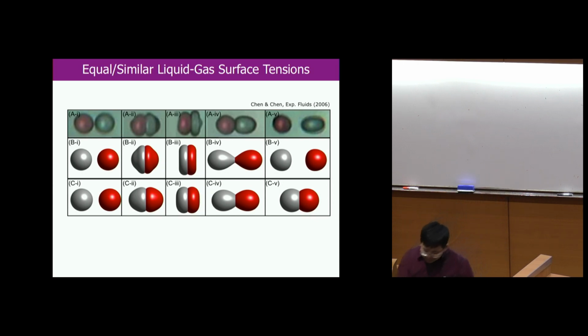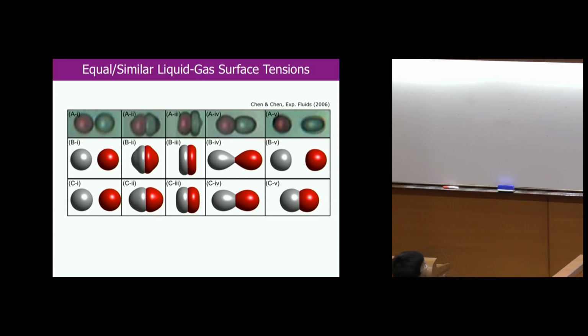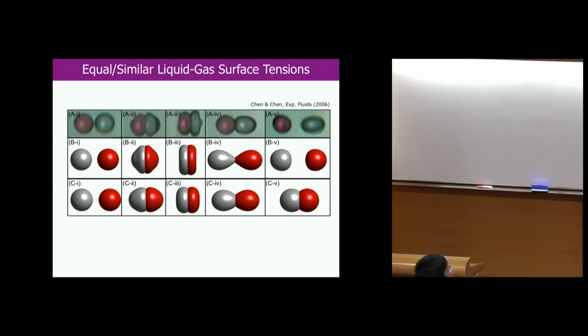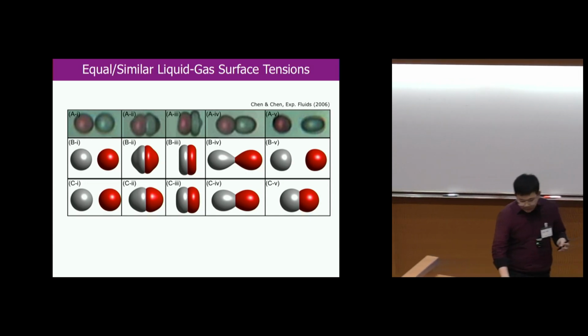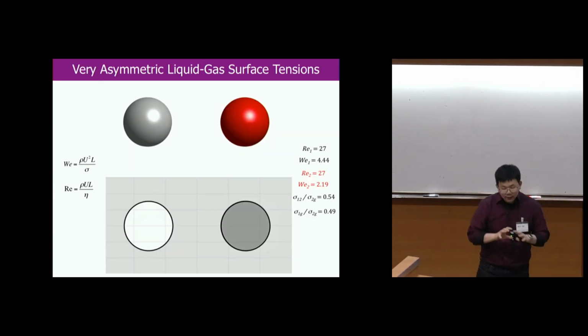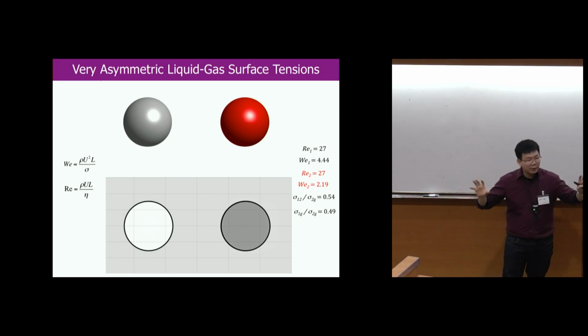We haven't tried to actually match directly with experiments because one of the problems in this community is that they seem to measure the liquid-gas surface tension carefully, but not the liquid-liquid surface tension. So obviously, if you want to simulate it, you need to know what liquid-liquid surface tension you have to put in.